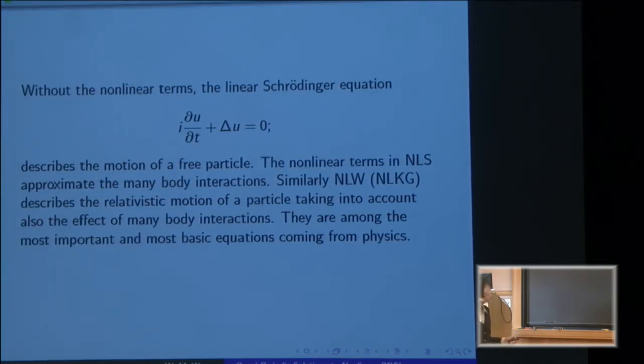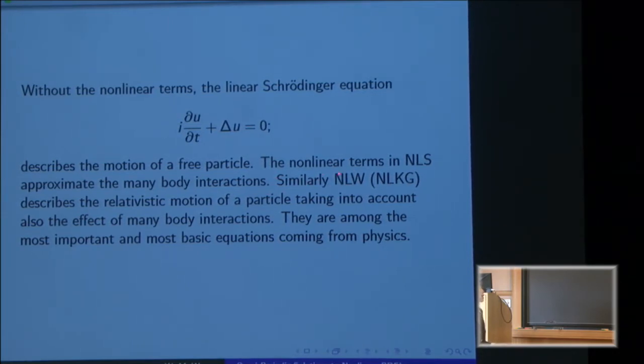Now, without the nonlinear term, we have the linear Schrodinger equation. Okay, so it's just a time evolution of the Laplacian. It describes the motion of a free quantum particle, as I think most of us know. The nonlinear terms in nonlinear Schrodinger approximate the many-body interactions. This is what we learn in physics in any case.